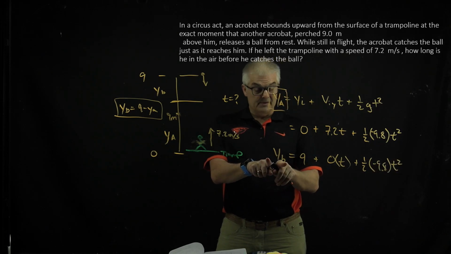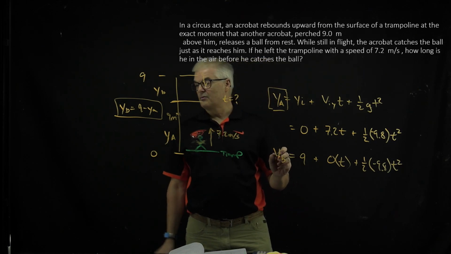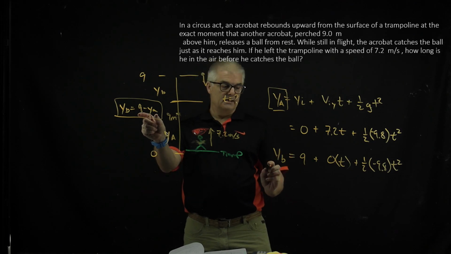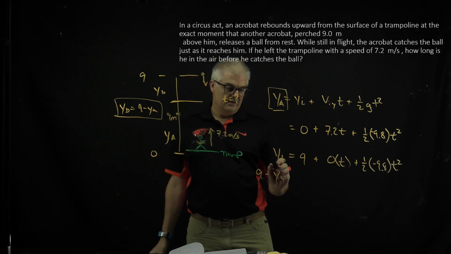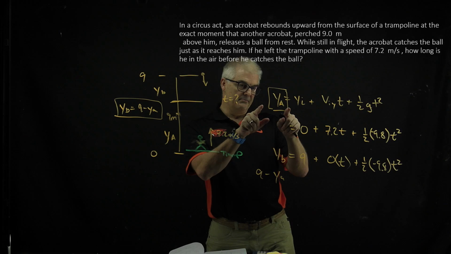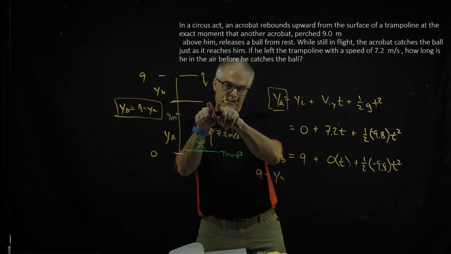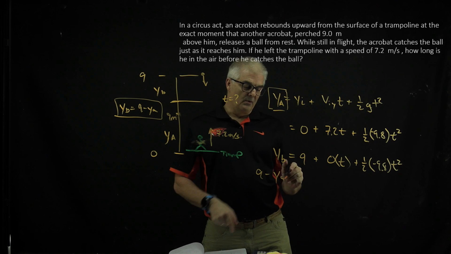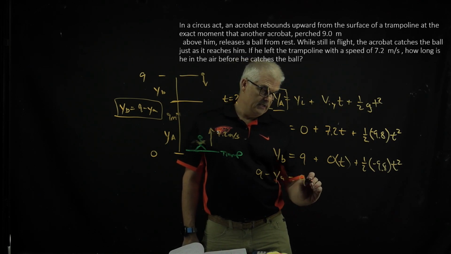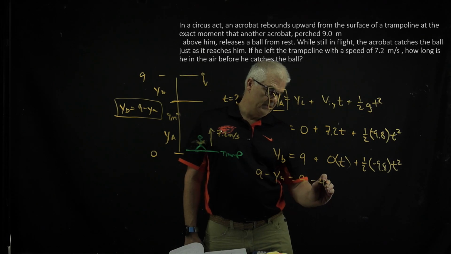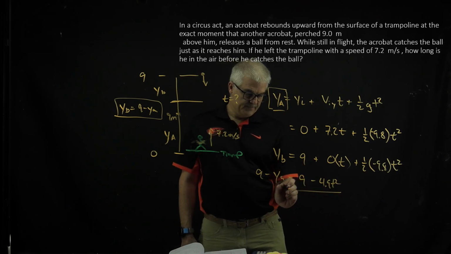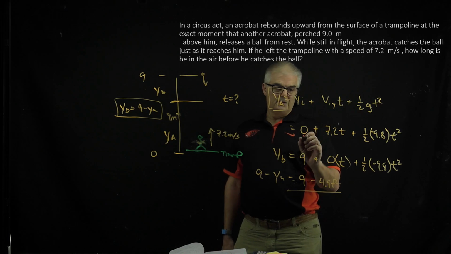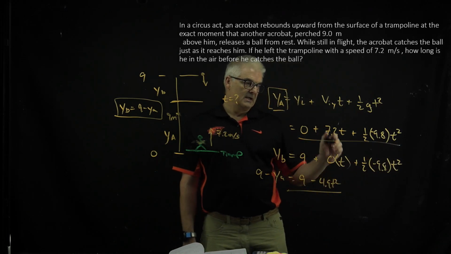We're going to substitute in 9 minus YA for YB, because that's where they're going to meet. So this equals 9 minus 4.9 t squared. Just simplify that. So when I set this equation equal to this equation, I can solve the problem.